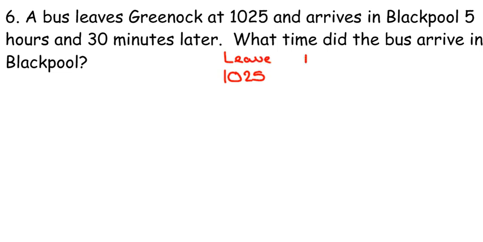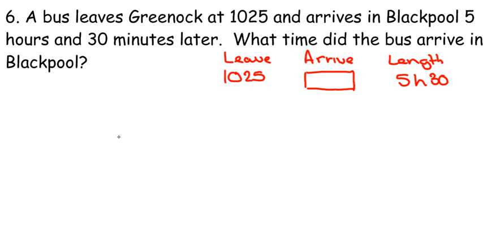We are arriving at, I don't know when, we're about to try and find that out. And the length of journey is 5 hours and 30 minutes. Again, we should be able to do this quite quickly now, but don't skimp in our work. In that way lies silly mistakes.